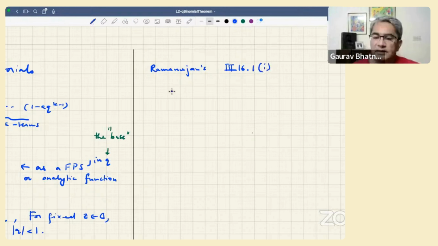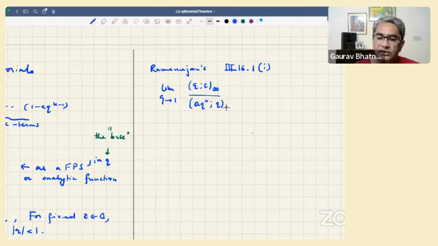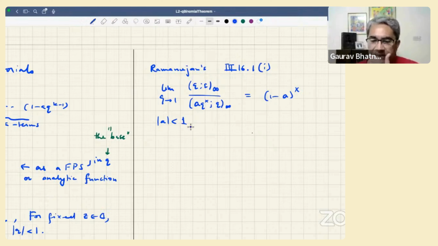The first part is exactly this: the limit as q goes to 1 of (q;q)_infinity over (q^x;q)_infinity is equal to (1-a)^x. This makes sense when absolute value of a is less than 1, and a cannot be 1, so this thing cannot be 0 inside. So there's a complex number you can define.